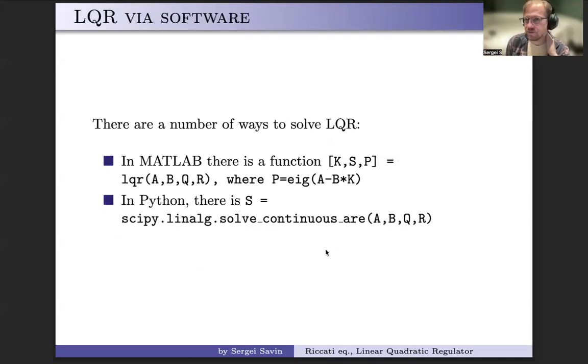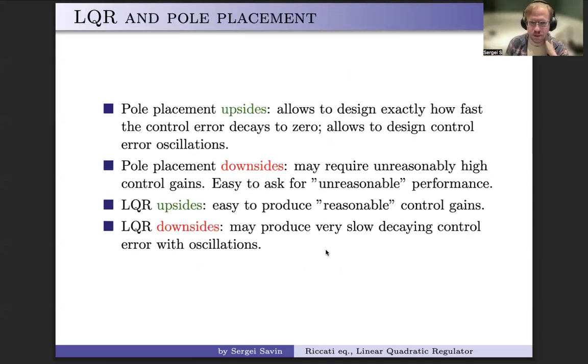So that's fine. But all right, even in this lecture, we will try to do a little bit of this by showing you how fast you can derive the same for discrete LQR. Now, before we do that, let me point out a few downsides and upsides of two methods.